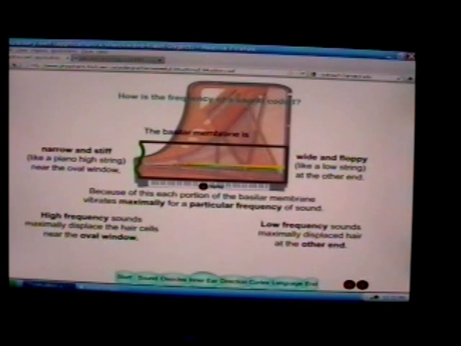And so the placement along the basilar membrane is a sort of map of the frequency of sounds that are being detected by the ear. So you can imagine a pattern of activity of hair cells along this membrane would be what it is to hear some complex sound.